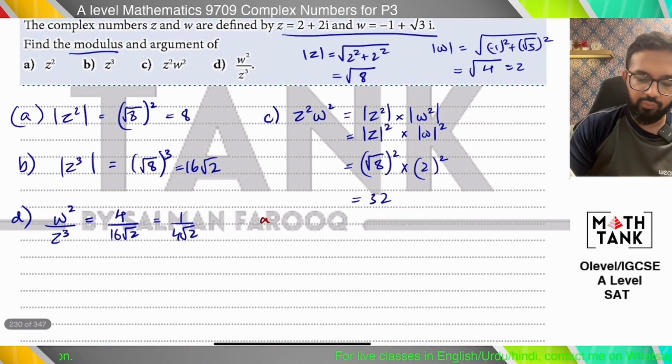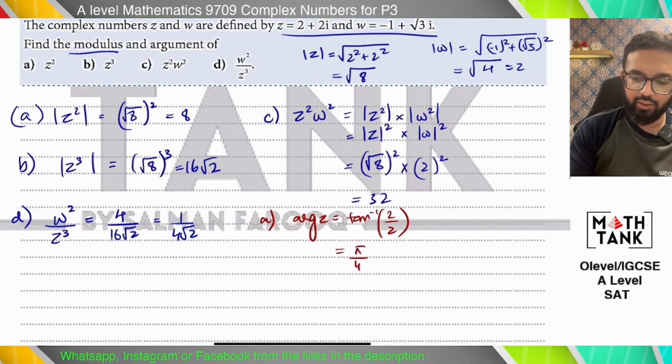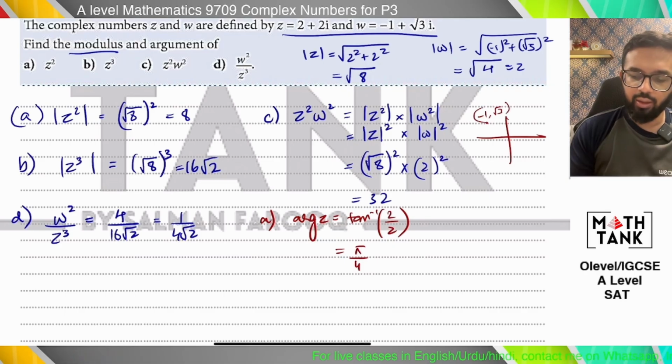For a, I'm first going to write down the argument of z. Z is in the first quadrant, so it's tan inverse of 2 over 2, which is pi over 4. And where is w? The real part is negative and the imaginary part is positive, so minus 1 and root 3.